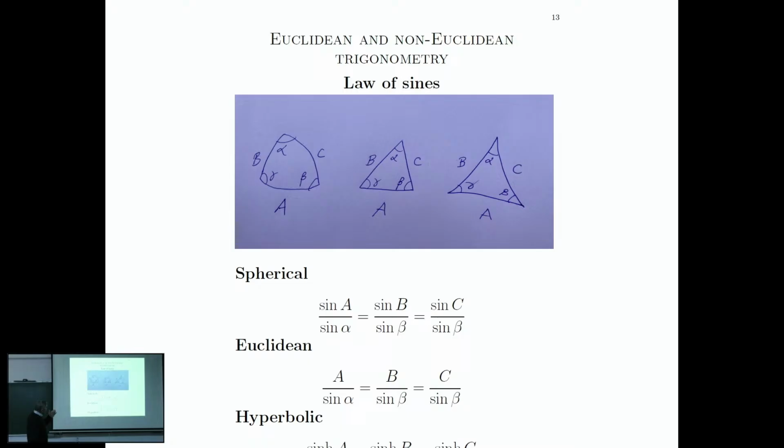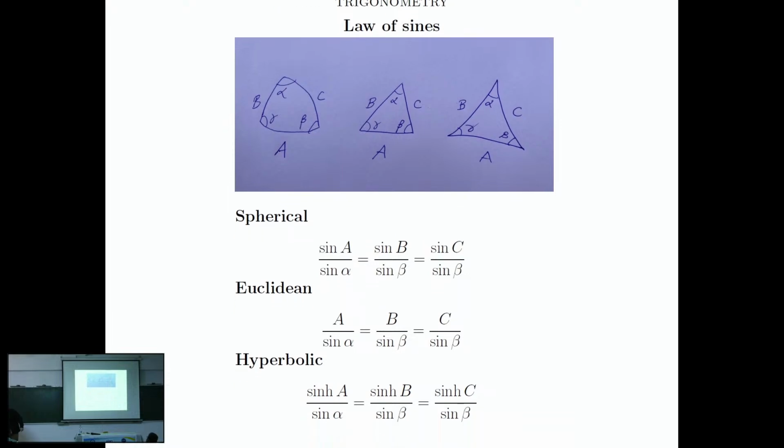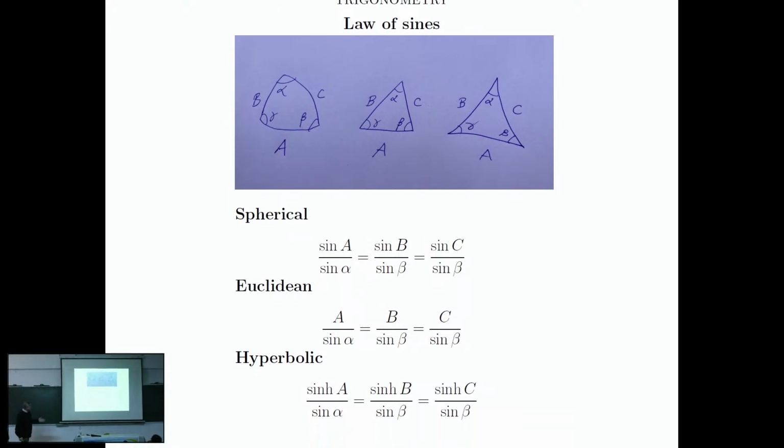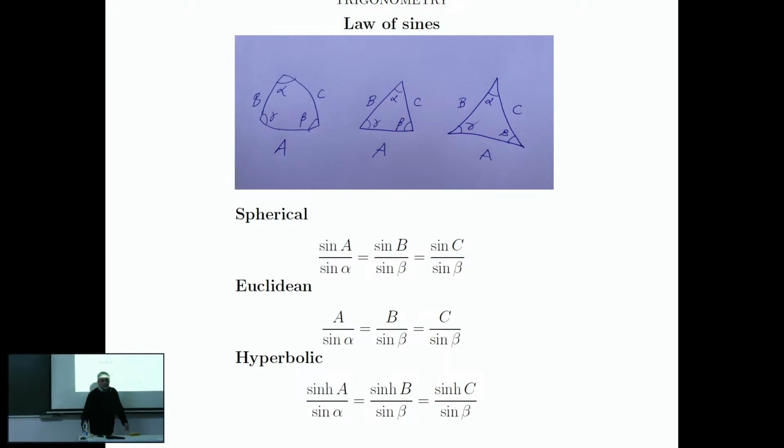So I have an example here of a trigonometric formula, which is the law of sines. We have big A, big B, big C, the length of the sides, and then alpha, beta, and gamma, which are the angles.